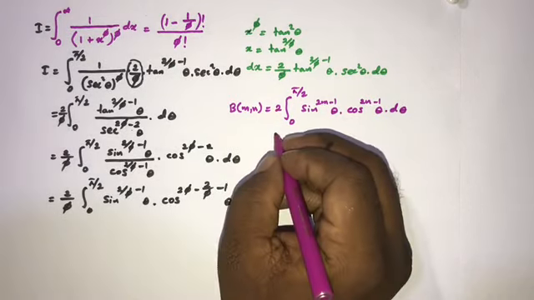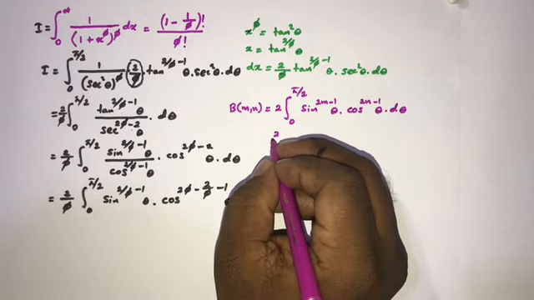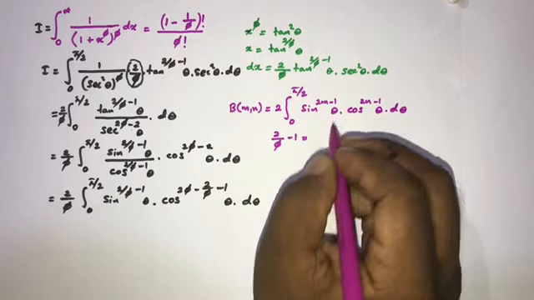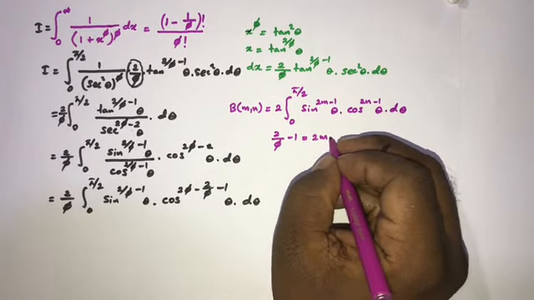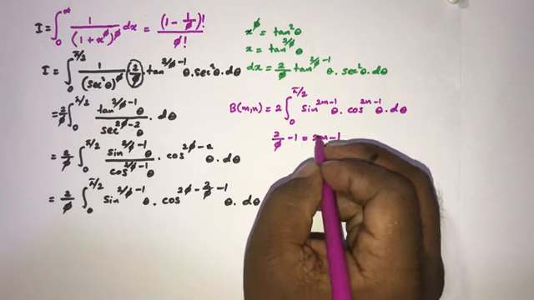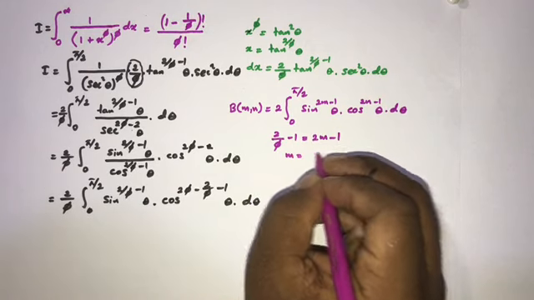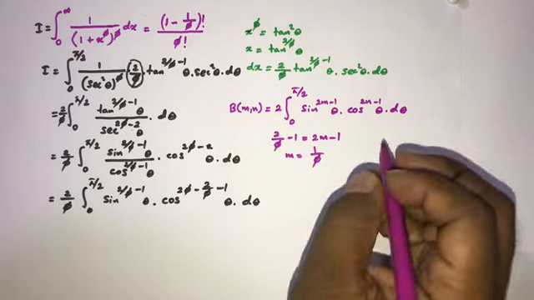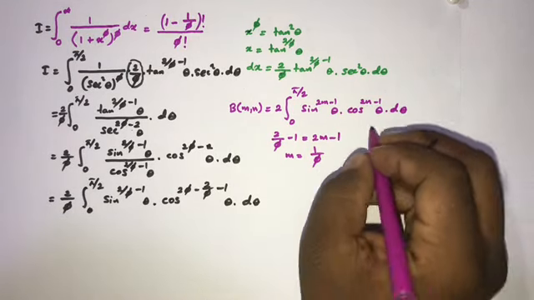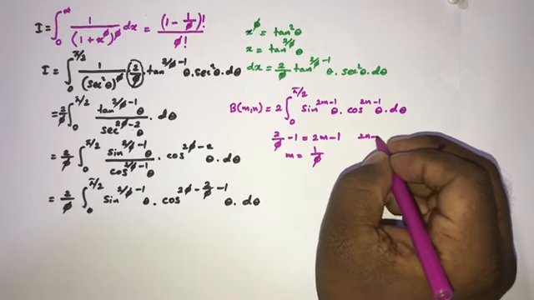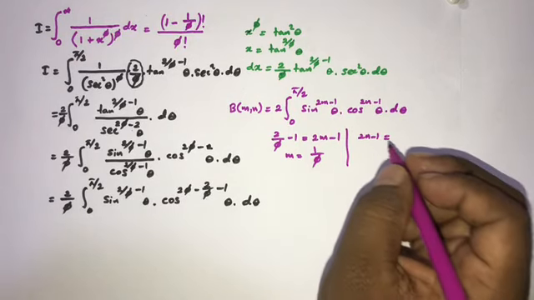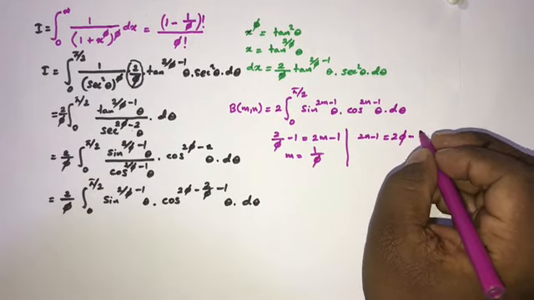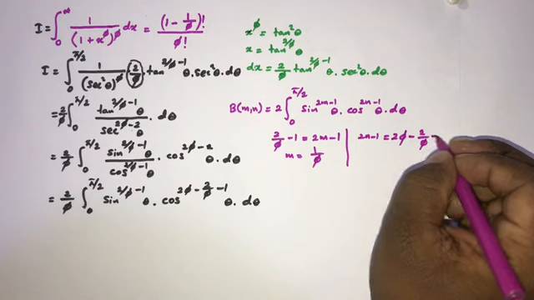So now we can write 2 over 5 minus 1 is equal to the power of sine, 2m minus 1. Now minus 1 gets cancelled, 2 also gets cancelled, and m is equal to 1 over 5. And also we can find n. So 2n minus 1 is equal to 2 times 5 minus 2 over 5 minus 1.